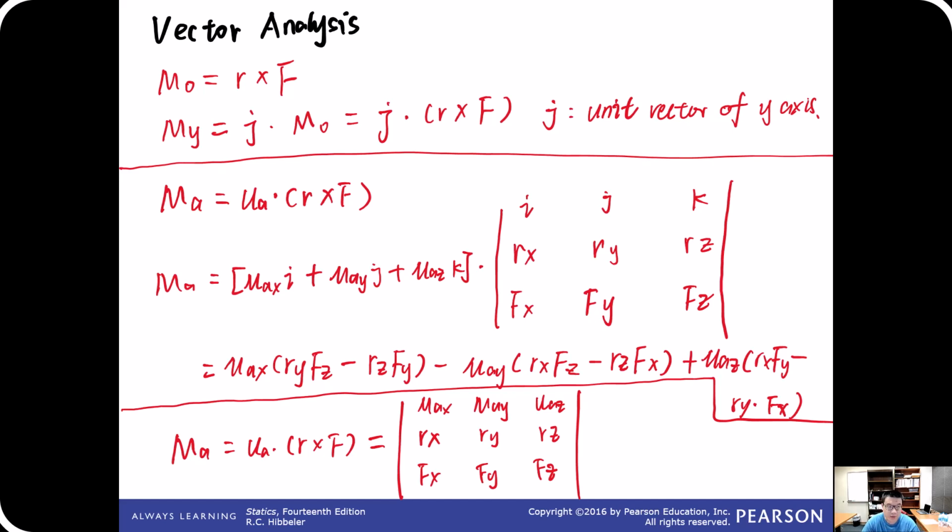The uax, uay, uaz represent the x, y, z components of the unit vector defining the direction of the a-axis, so a could be any axis. rx, ry, rz represent the xyz components of the position vector from any point O on the axis to any point A on the line of action of the force. And fx, fy, and fz represent the xyz components of the force vector.